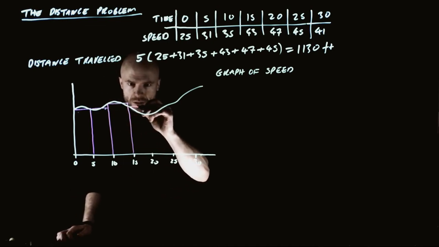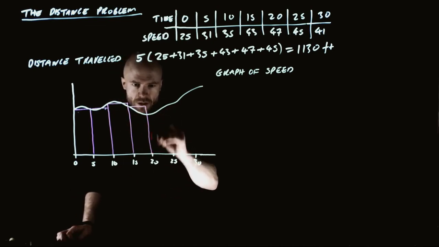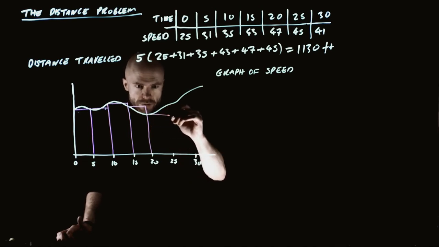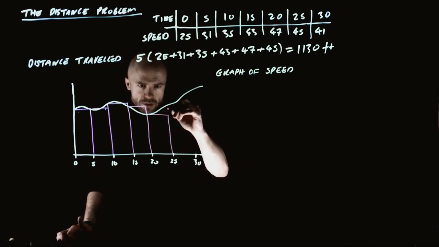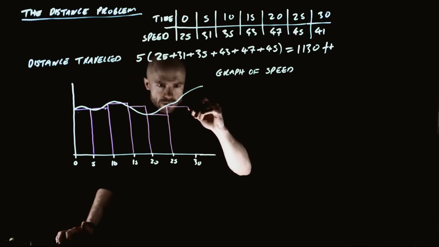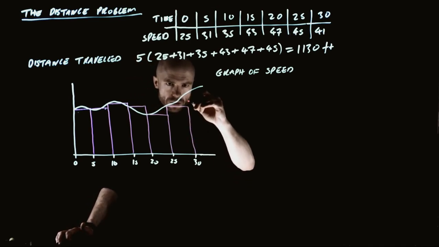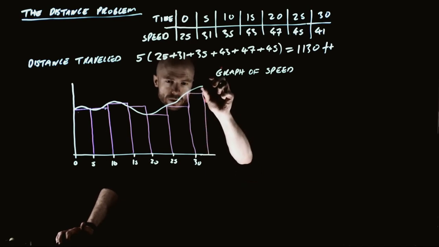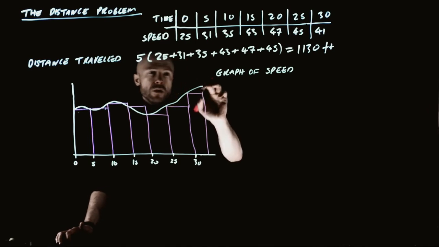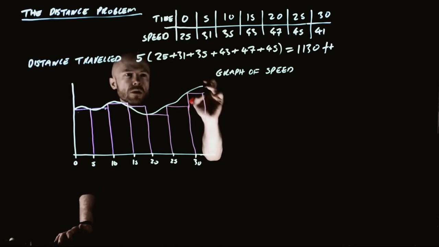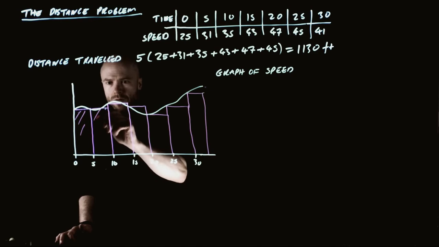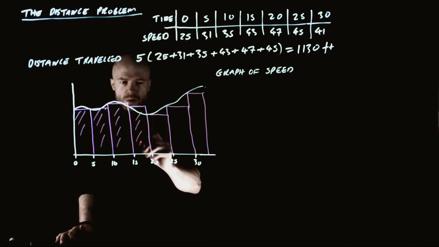What we're doing is taking the left endpoint approximation to the graph of the speed. So the sum of all of these quantities is the same as the area of all of these rectangles.